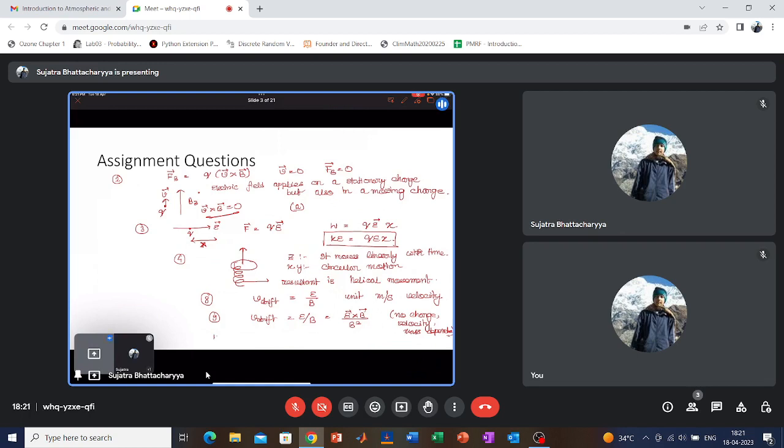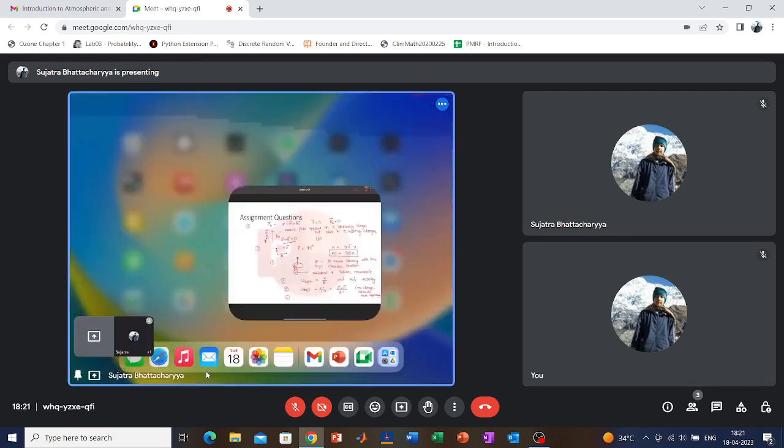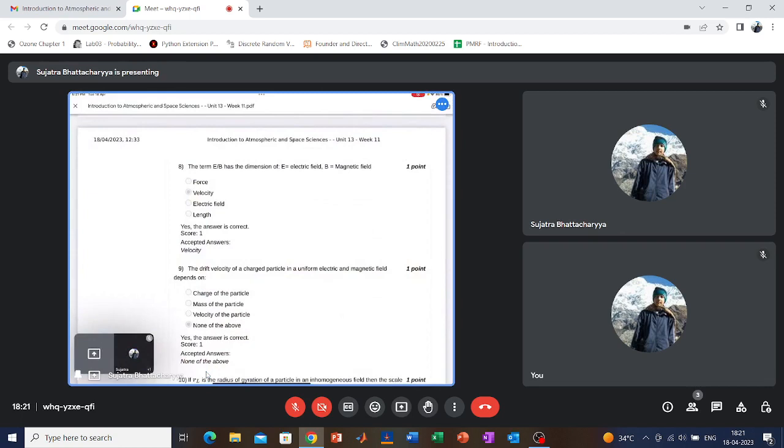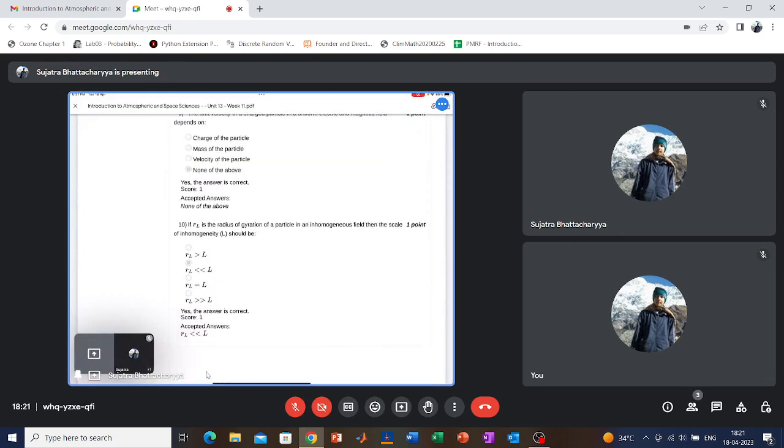Okay, and the last question is, this I have already shown. If RL is the radius of gyration of a particle in an inhomogeneous field, then the scale of inhomogeneity L should be.